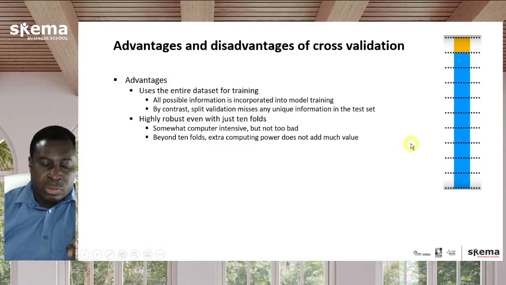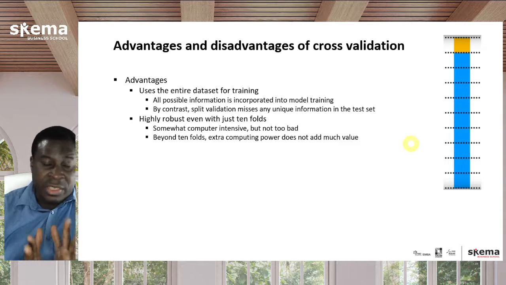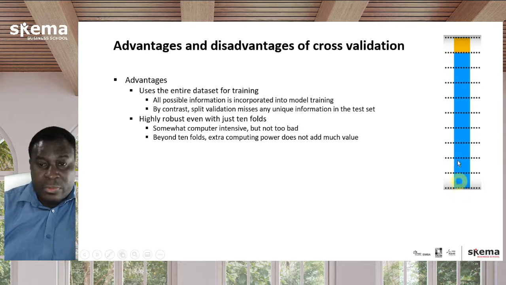Another consideration has to do with one of the disadvantages, probably the major disadvantage of cross-validation, and that is the fact that it is rather computer intensive because even with tenfold, it has to do the same thing 10 times instead of just once in the case of split validation. But tenfold, going 10 times, becomes a limit that produces fairly good results.